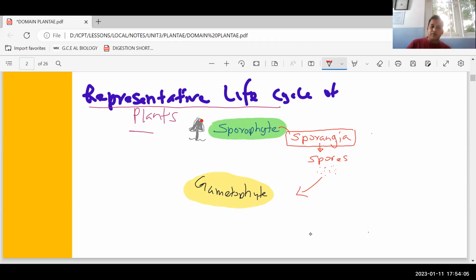So let's consider this gametophyte is the flowering stage, a flower, and this gametophyte again has a specific structure called gametangia.